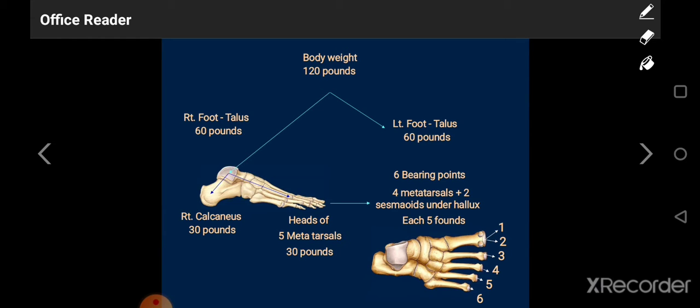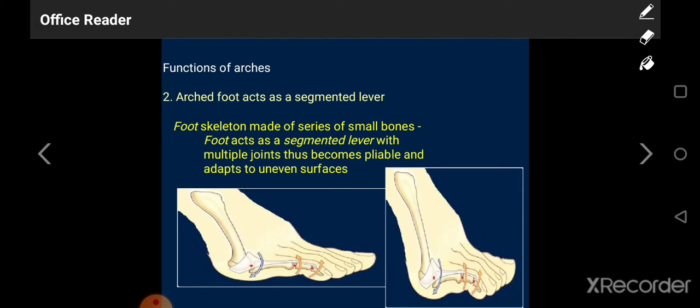In case of the first metatarsal, there are 2 sesamoid bones under the hallux, so it is divided accordingly. So we have 6 bearing points at the anterior end of the right foot as well as the left.